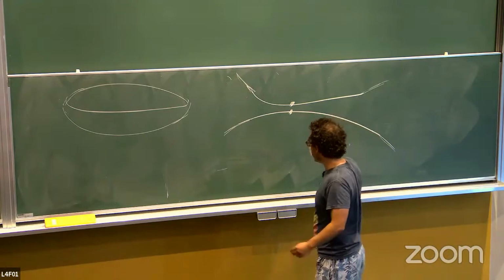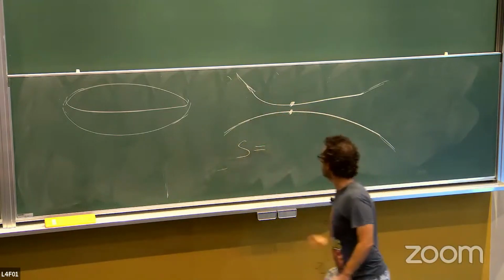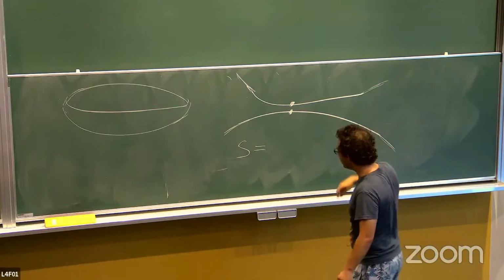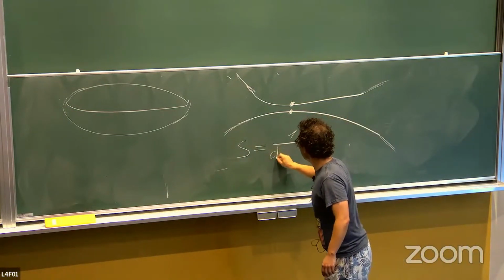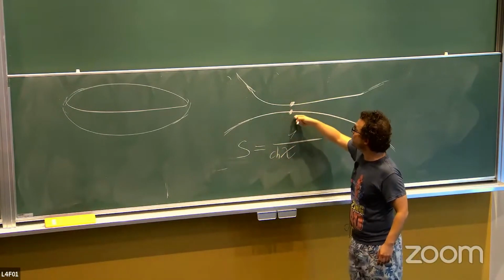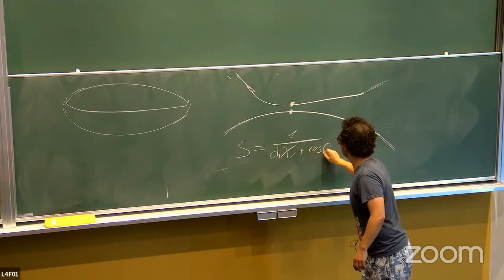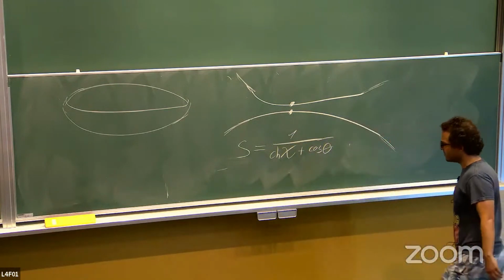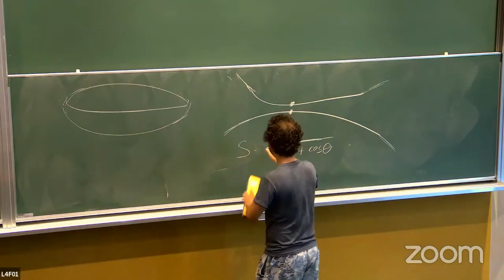But they all cancel out, and we get a finite result for the interaction action, which is something like cosh of the hyperbolic distance between the world lines and the cosine of the relative angle between them.